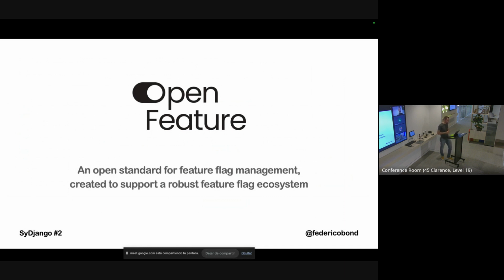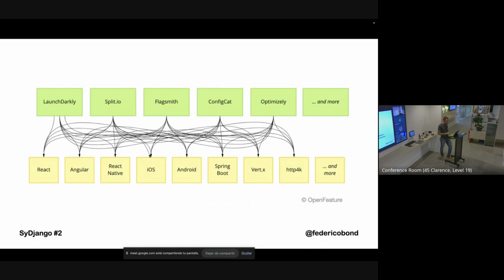OpenFeature is an open standard for feature flag management, created to support a robust feature flag ecosystem. Before OpenFeature, every vendor, every provider had to implement their own libraries or their own SDKs for every language, every framework, and that really left you with little choice if you wanted high quality libraries and SDKs across many different languages.